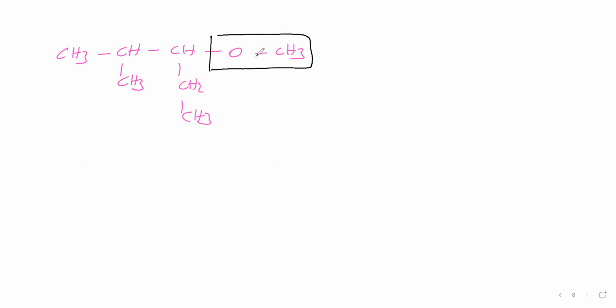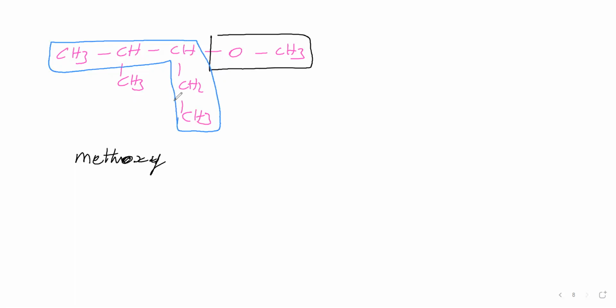So we have to call this methoxy. Then in the remaining group you select the parent chain. This is the parent chain. In the parent chain, how many carbon atoms are there? You count it. 5 carbon atoms are there, therefore pent.